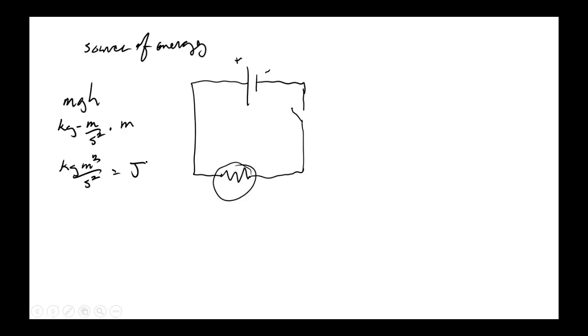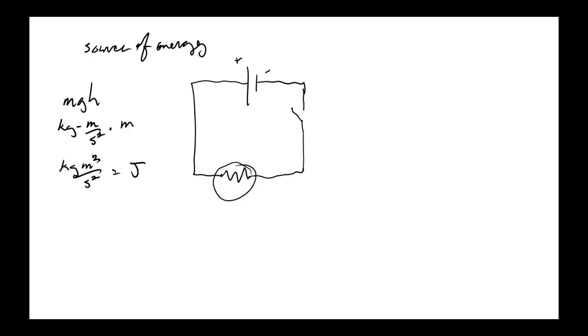So, what is our source of energy here? That's the battery. Now, it's not just a source of energy. We talked about this, I think, last time. What actually moves around the circuit? This is not a fair question because it's not quite the important thing, but for right now it'll count.